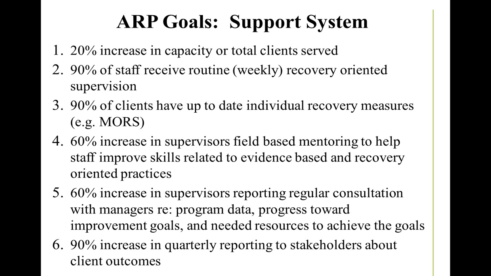Similarly, we want to make sure that clients are receiving recovery measures on a regular basis. And the others that are listed here speak to this ability to measure and be clear about the changes to the system, the improvements to the system that we want to make, and have an ability to monitor whether or not we're making them as we go.